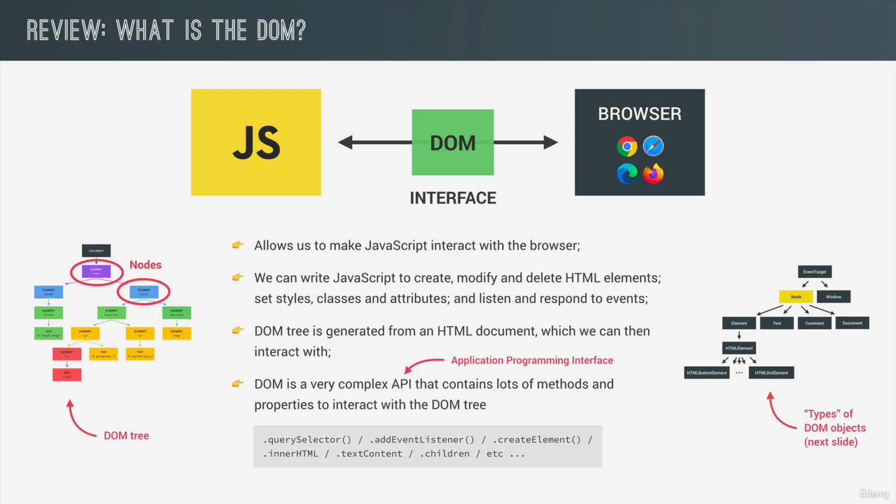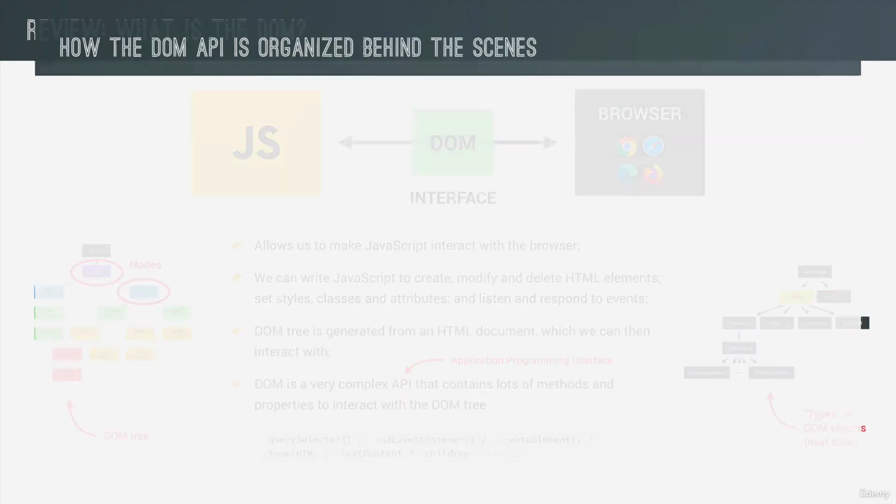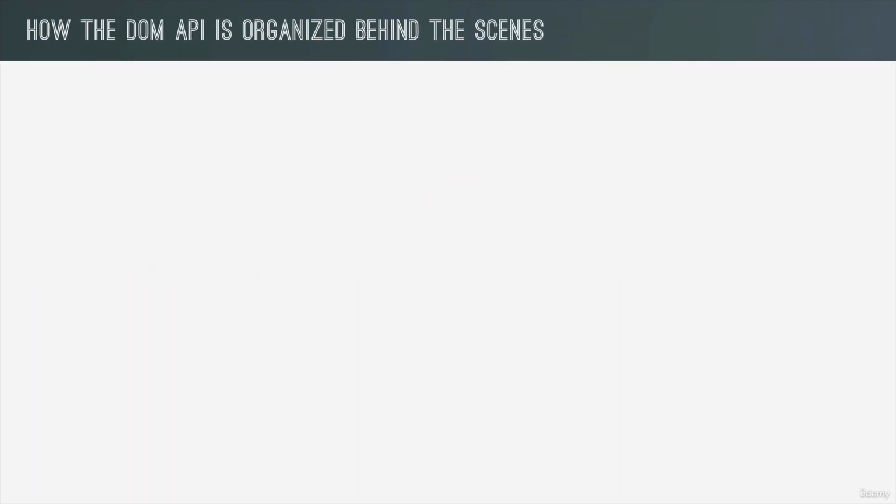For example, some nodes are HTML elements, but others are just text, remember? And this is really important to understand because all these DOM methods and properties are organized into these different types of objects. And so let's now take a look at how the DOM API is organized behind the scenes.